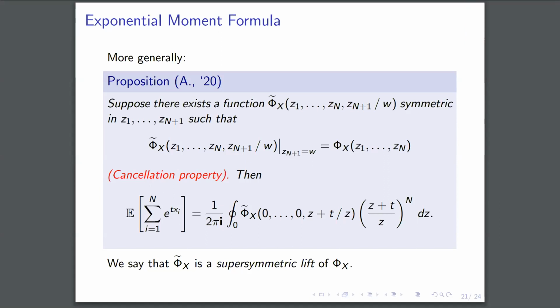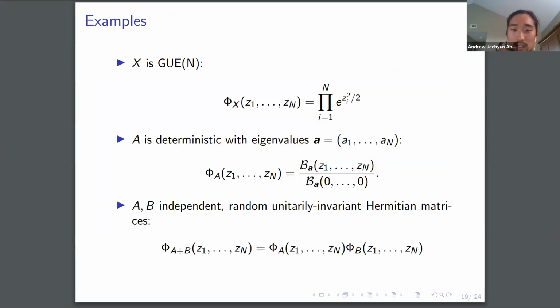Do you have any intuition on why you take the first n variables to be 0? Oh, so yeah, this is related to the fact that here we're looking at a multivariate Bessel function, which is normalized at the zeros. So somehow, with a lot of these integrable models, there's some right way to normalize these things.